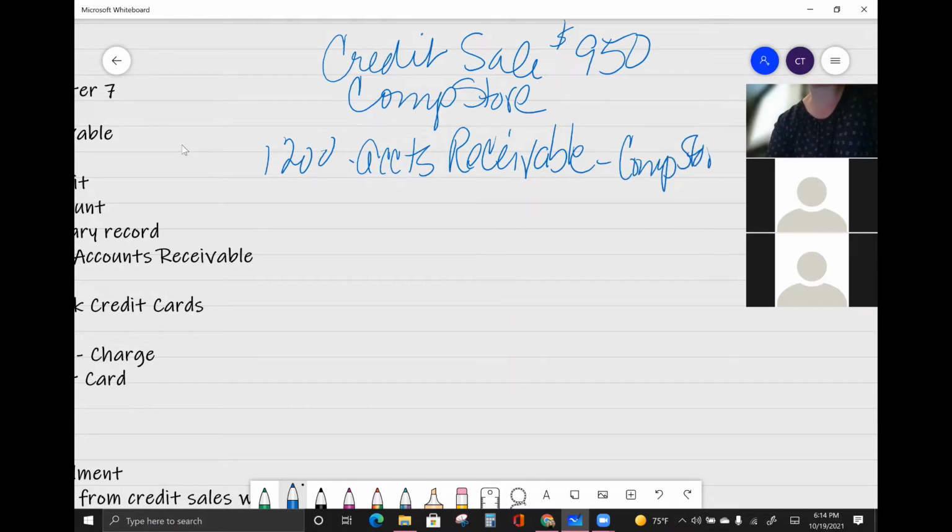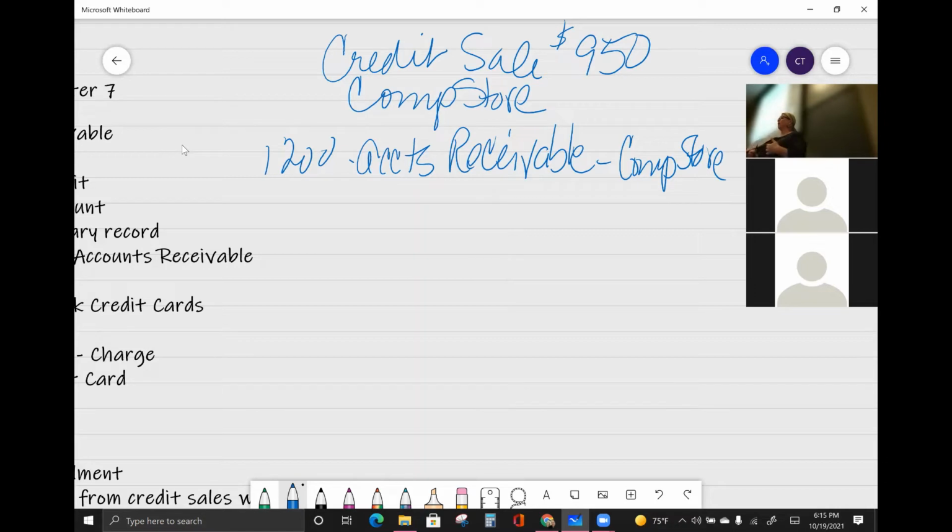Now we're manually doing this for class, right? We're manually having to do the journal entry. But you're not going to have to manually do a journal entry probably 99% of the time in today's world. Your computer is going to do it for you. So when you enter the information like Jennifer Hinton, account number 100, the sale of a dress for $100, on this date, that's going into the system and it's creating that invoice and then it's billing me.